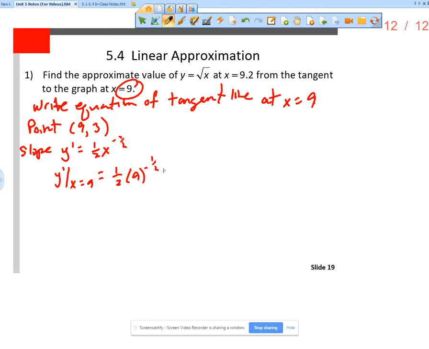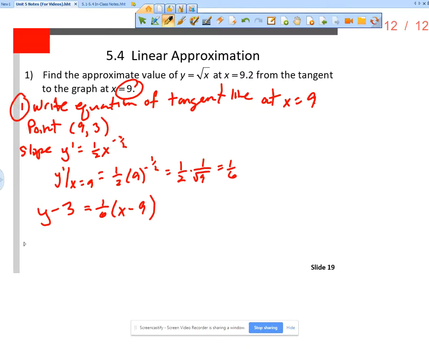What does 9 to the negative 1/2 mean? That really means 1 over the square root of 9, which is 3. So 1/2 times 1/3 is 1/6. That means the equation of the tangent line is y minus 3 equals slope 1/6 times x minus 9. So that's the equation of the tangent line. That's step 1.